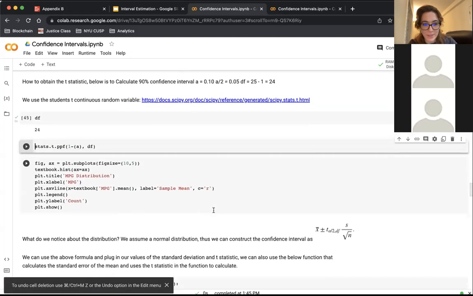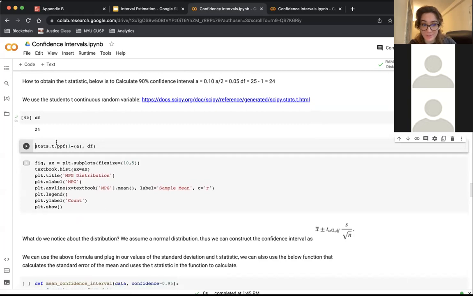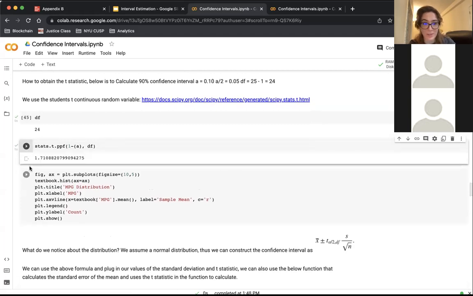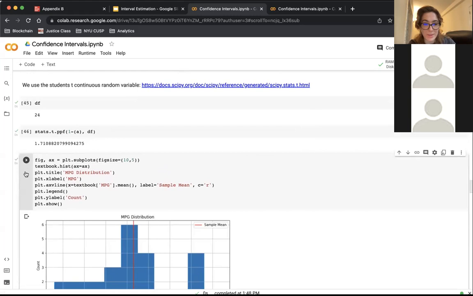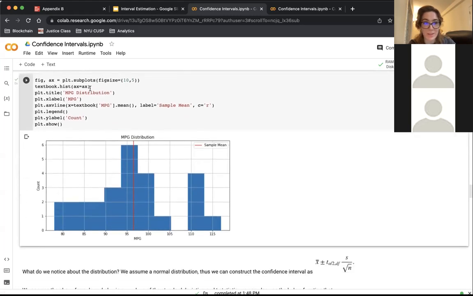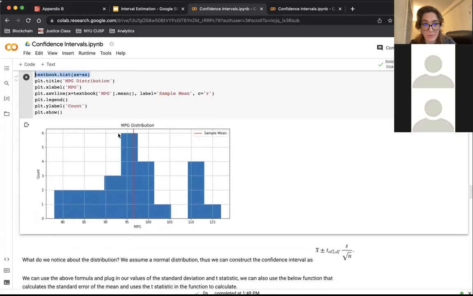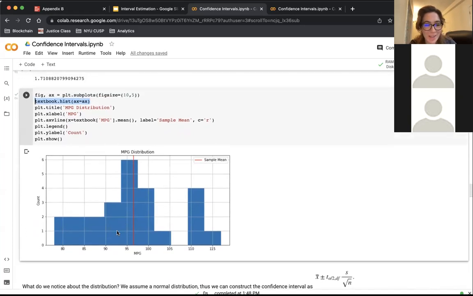Okay, so let's plot this just to even show what it looks like and just to hone in on this example. So I'm just plotting the histogram of values of miles per gallon. And we see these are pretty efficient cars in this sample. And I have this sample mean where I just plotted a vertical line here using the mean of this column.